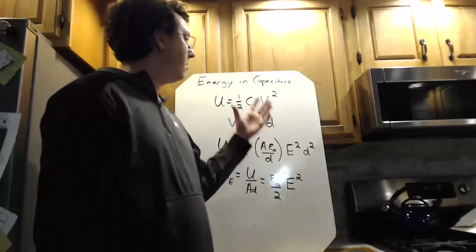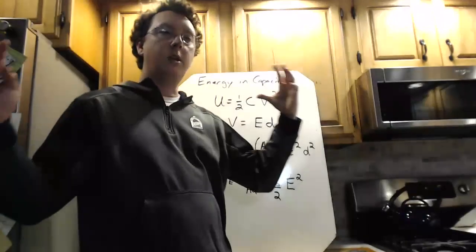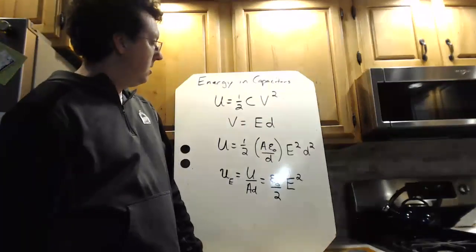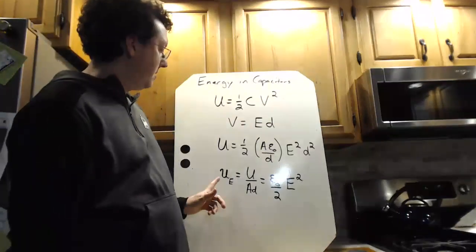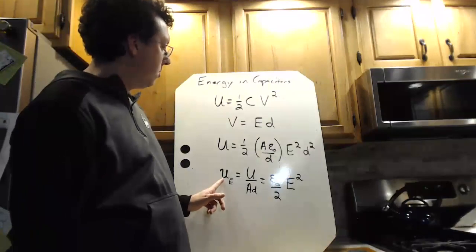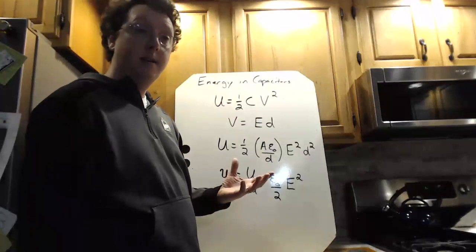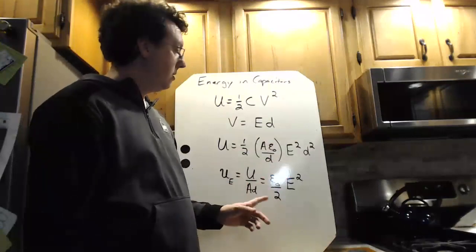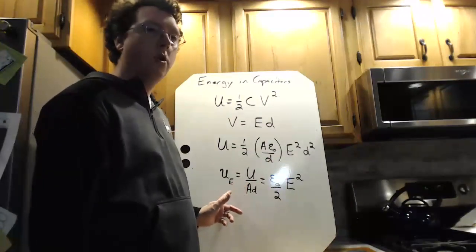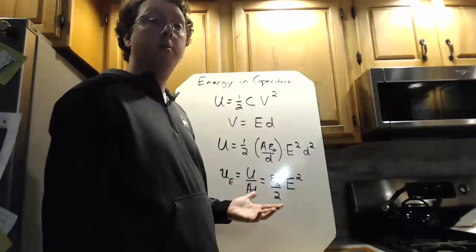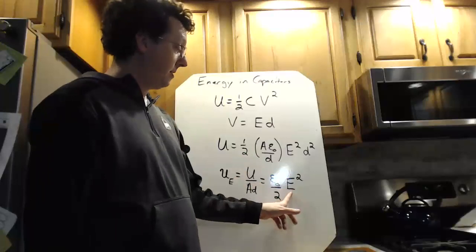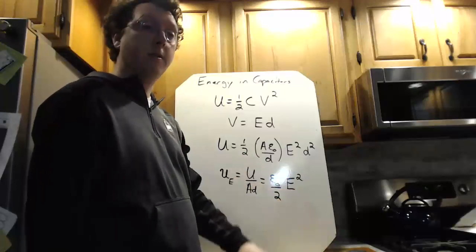We've been talking about it in terms of the voltage or in terms of Q, but in fact, that's not really right. When you work out the energy density, so the energy as it's spread all out, you find that it doesn't go like the charge, or maybe what you might have guessed, the charge density, sigma, or something like that. In fact, it goes like the electric field squared.